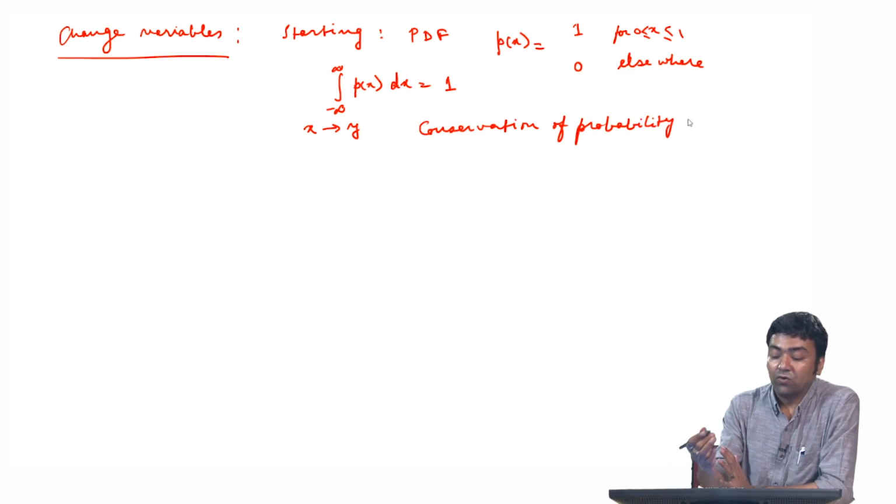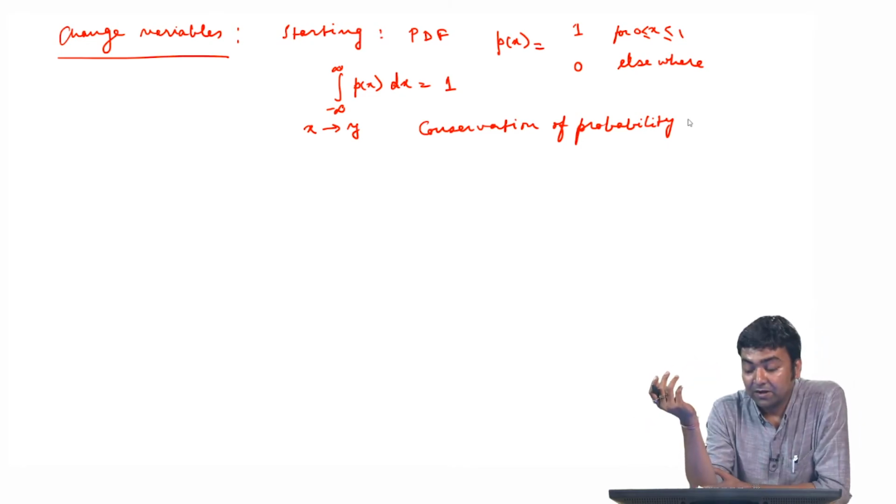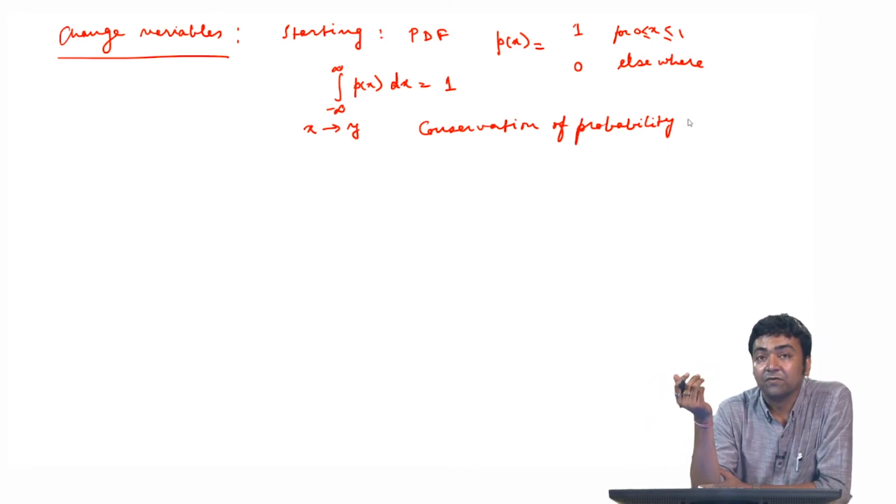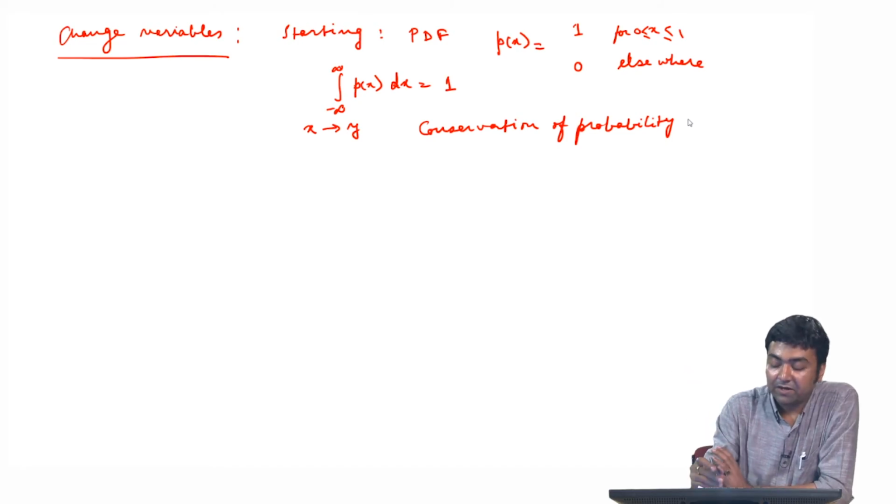Okay, so what are we trying to do? I have a set of random numbers which has a uniform distribution and lies between 0 and 1. I want to generate a set of random numbers y whose probability distribution function is given by p y.